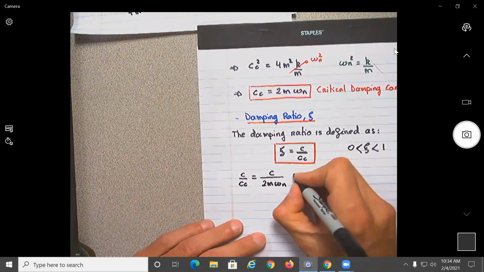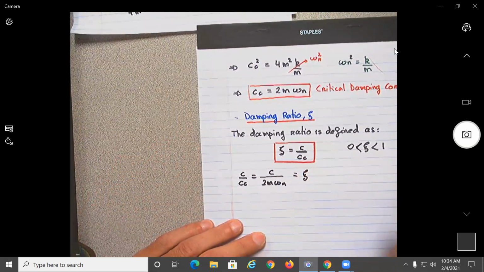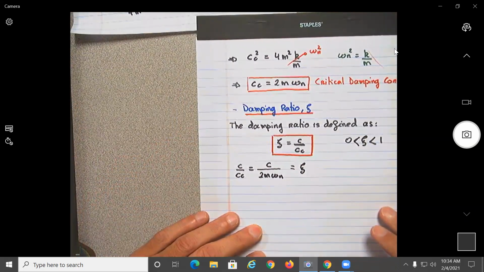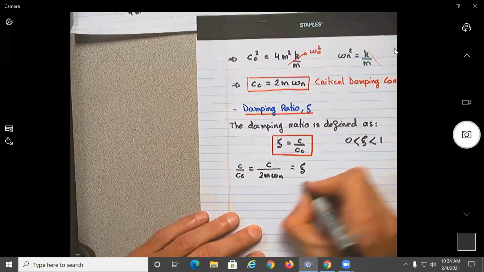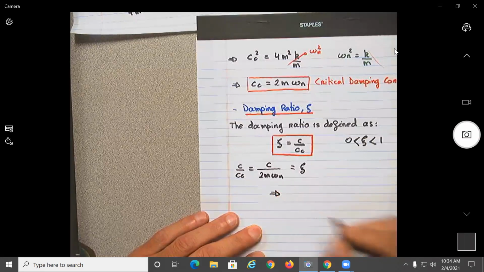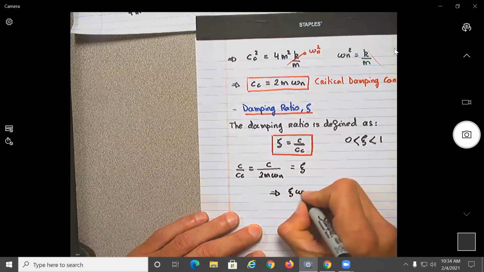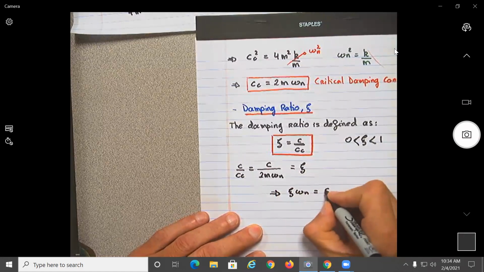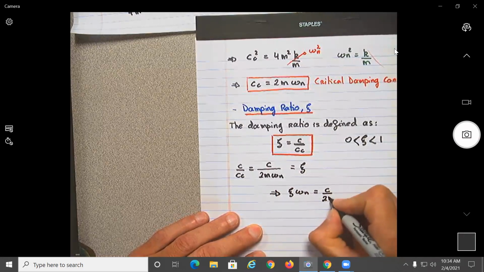So we know this is equal to the new constant, zeta. Or from here, we can say that zeta times omega n will be equal to C over 2m.